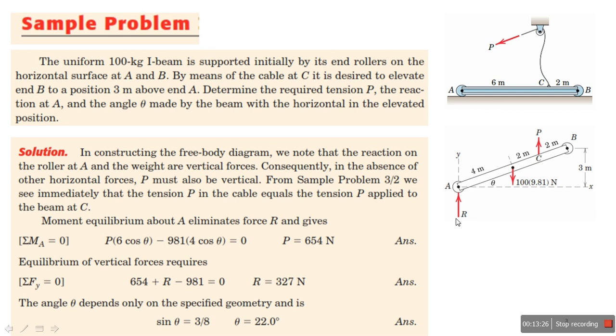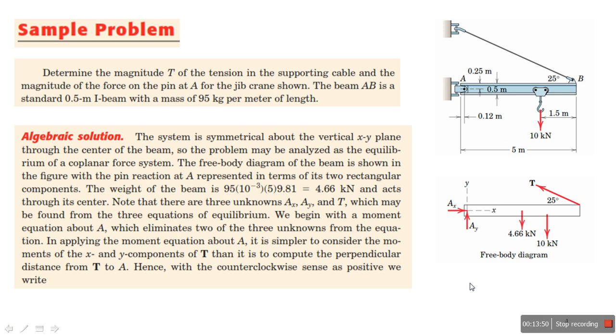I can find it easily because sine theta is equal to 3 over 8. So theta is easy: 3 is the opposite over the hypotenuse, so I can get the angle theta.